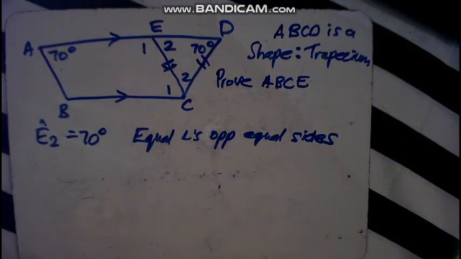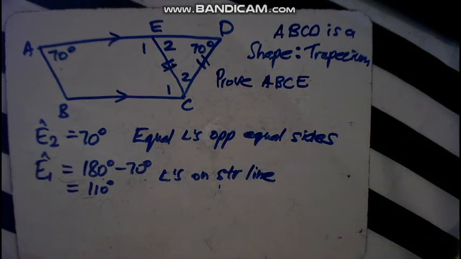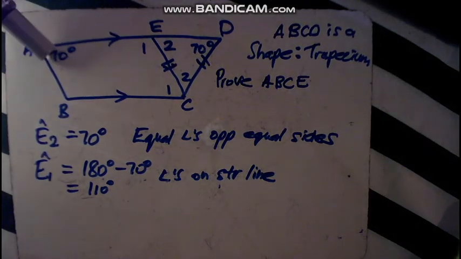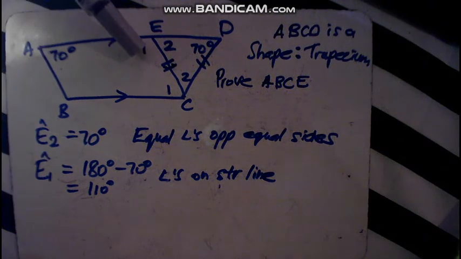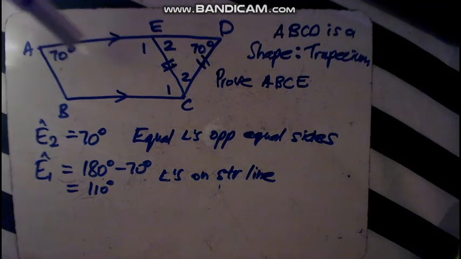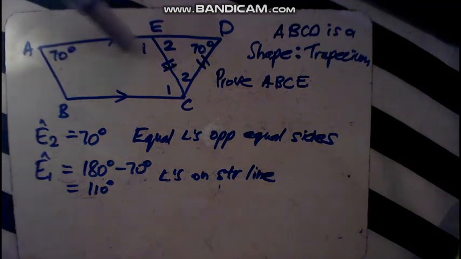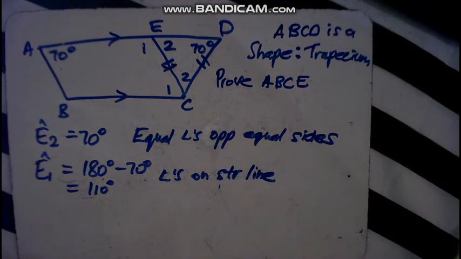Who can tell us how much E1 is? E1 will be angles on a straight line: 180 subtract 70. So E1 must be 110, angles on a straight line. Now we have 70 and we have 110. Those are co-interior angles. You agree? If this one is 110 and that one is 70, they add up to 180.